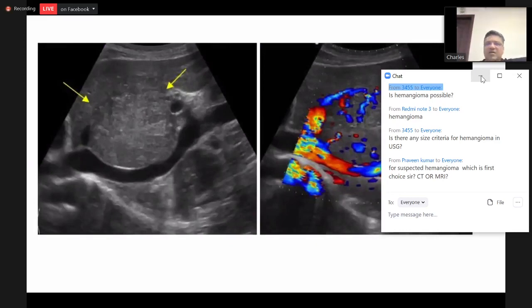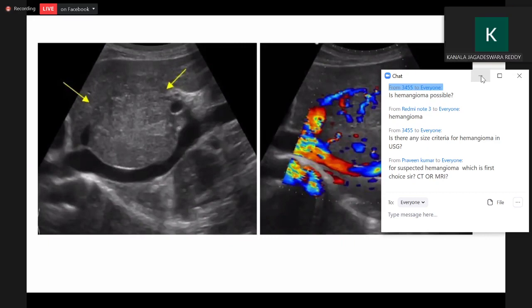Jagdish, you want to take it? Yes, sir. There is a large hyperdense lesion in the liver with indistinct margins, sir. With Doppler, it's showing peripheral vascularity.